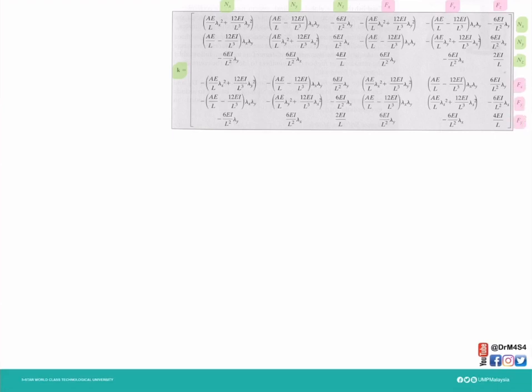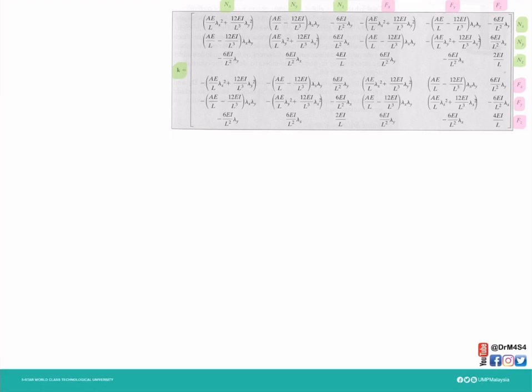As what we had learned previously, this is symmetrical matrix, so it's enough for you to find half side, and the rest you just easily copy it. As you can see here, there's a pattern of the formula, so that means you don't need to calculate one by one. You can do by categorize it first.